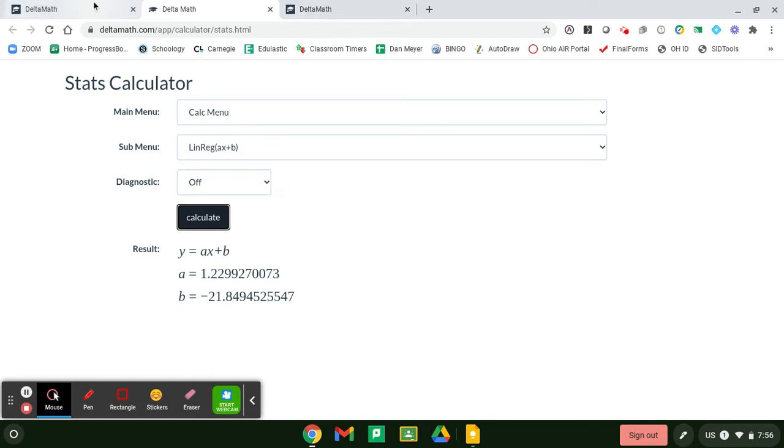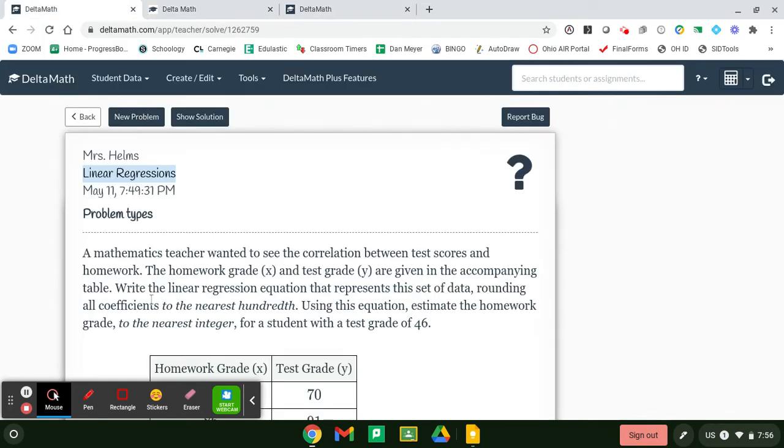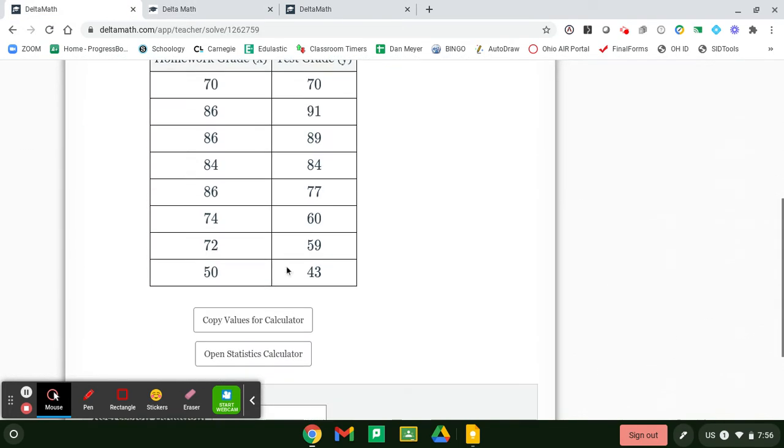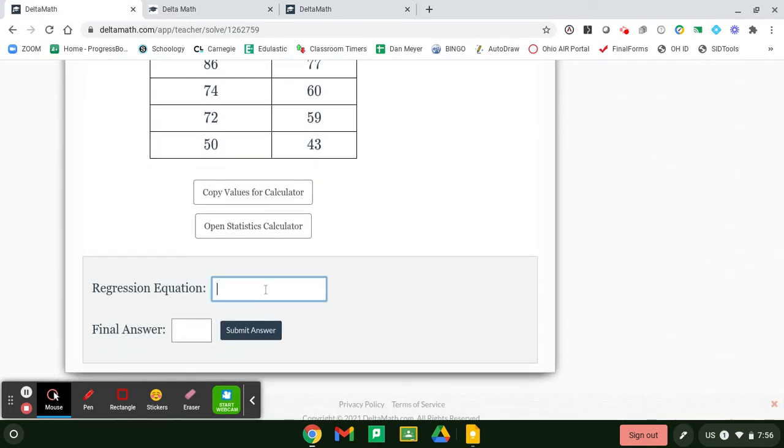So I need to go back to my problem and make sure I'm reading the directions again. It says all coefficients round to the nearest hundredth. So I need to go back to my calculator, nearest hundredth. So my slope of my line will be 1.23. So before I forget, I'm going to go back down. I'm going to type in my equation. Remember, it's y equals mx plus b.